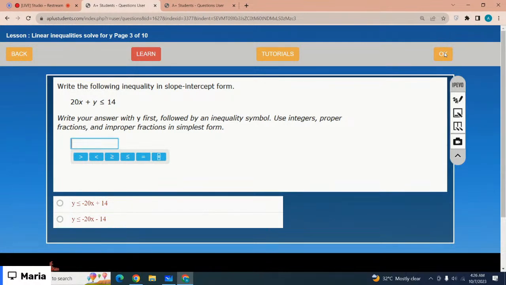Okay, 20x plus y is less than or equal to 14. So which is the correct option?